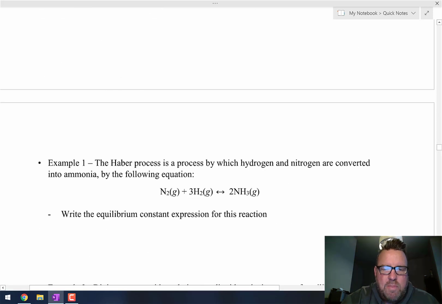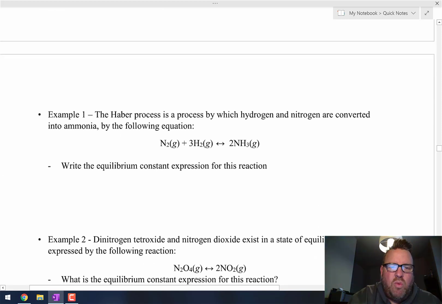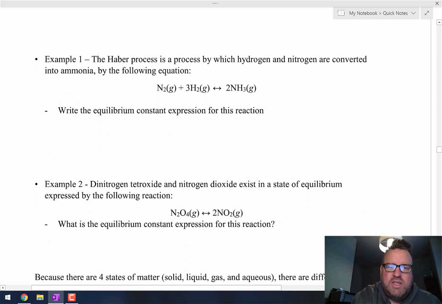Let's look at a couple of examples here. Number 1. It says the Haber process is a process by which hydrogen and nitrogen are converted into ammonia by the following equation. You've got 1 N2 reacting with 3 H2s to make 2 NH3s. Then it says write the equilibrium constant expression for this reaction. So we're going to write KEQ is equal to, remember, the concentration of the products over the concentration of the reactants.